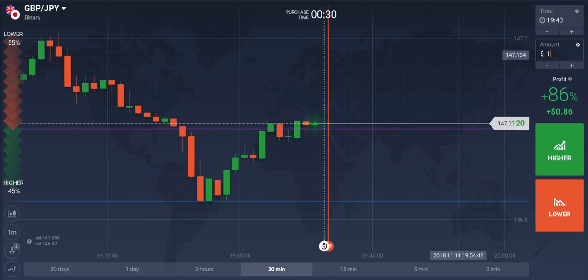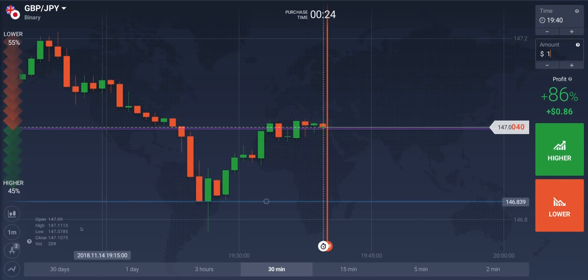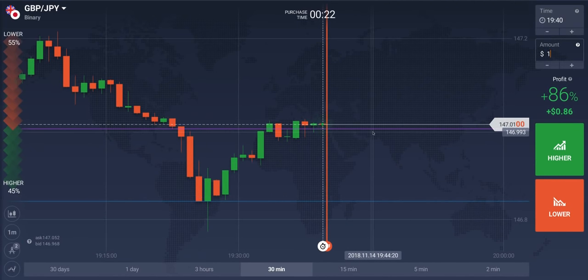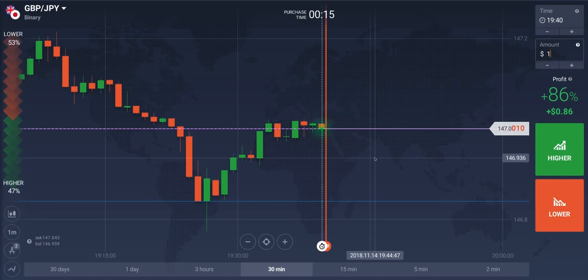Okay, currently we're on the Wednesday GBP JPY on the live market. So let's plot some key levels first. I've plotted this very major key level, 1.470000.